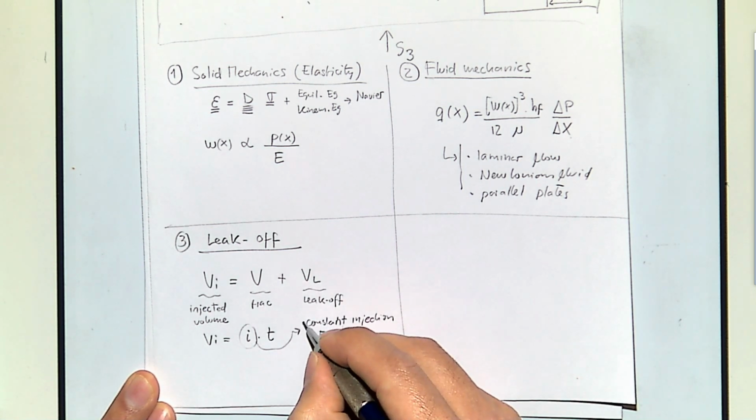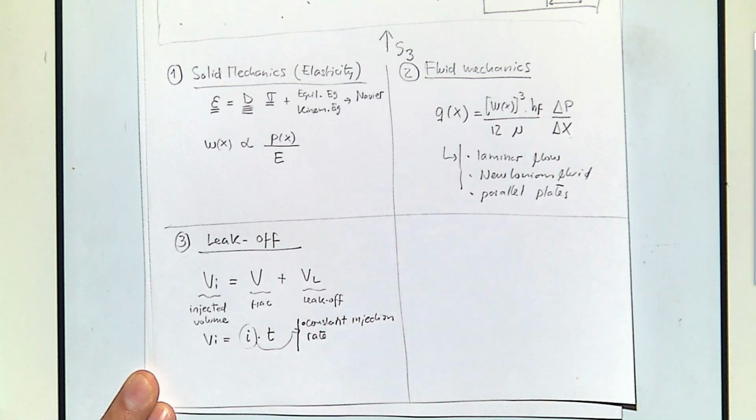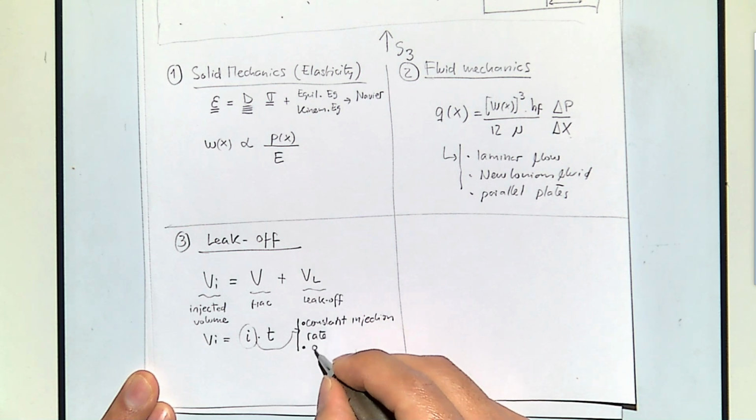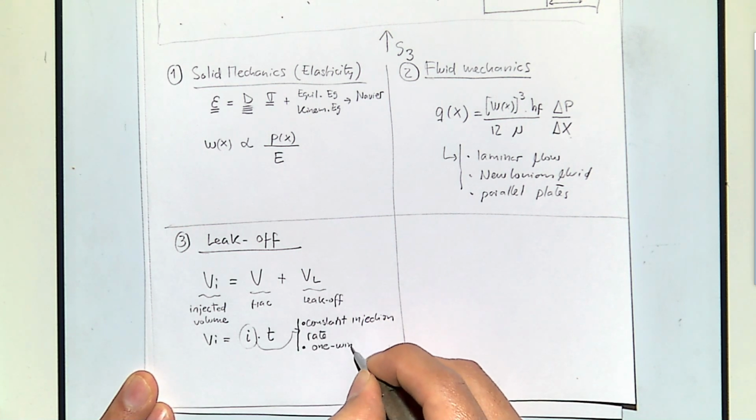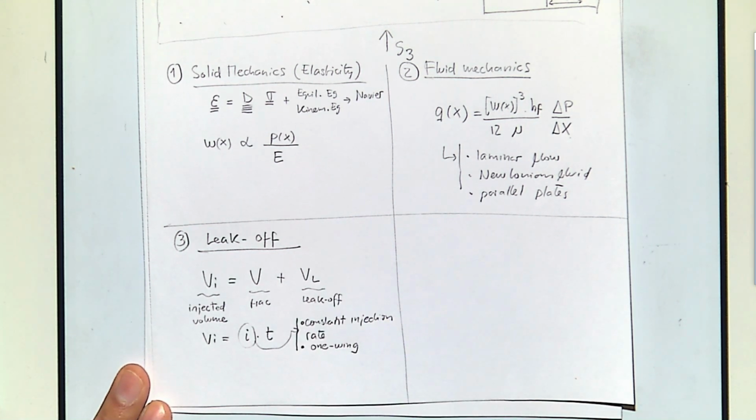And another thing very important is that in the models that we're going to see about fracture propagation, this is just a one wing injection rate. If you want to get the total injection rate, then you need to multiply this number times 2.